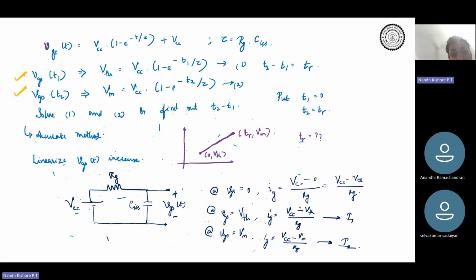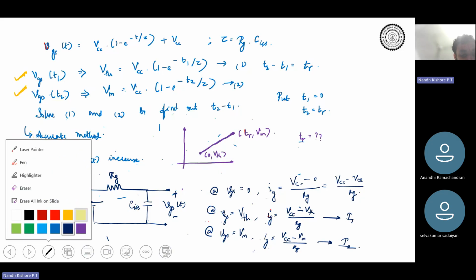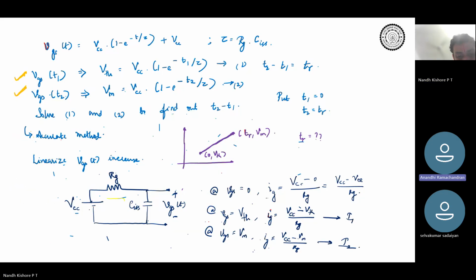That is the simple voltage drop across RG. This is in terms of RG, right? So can I write what is the current in terms of CISS? I have written the equation in terms of RG.